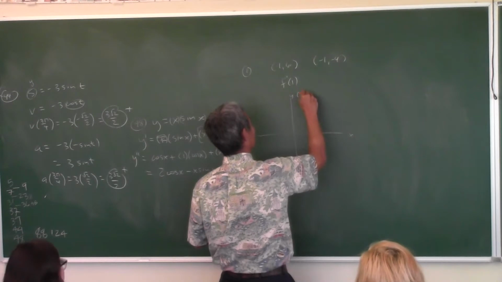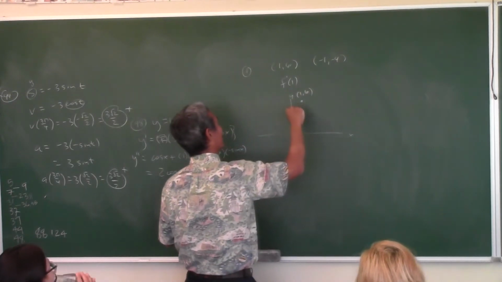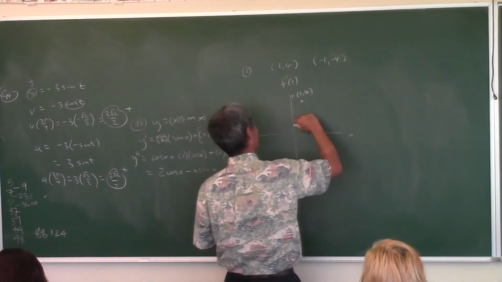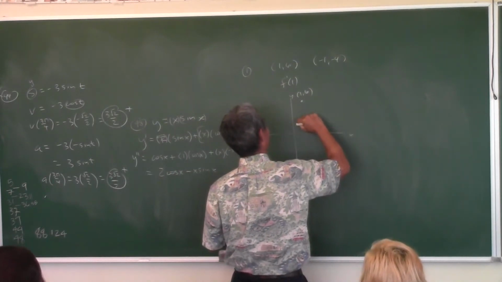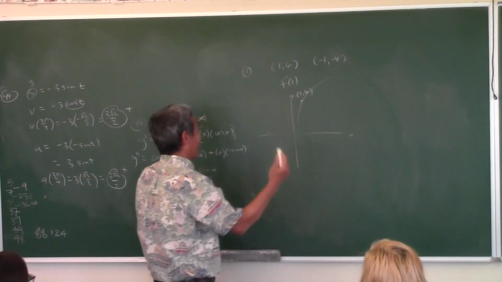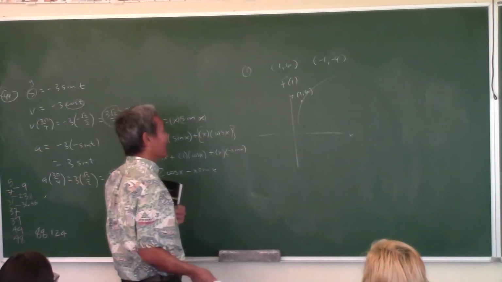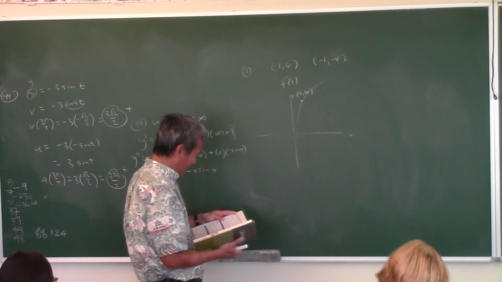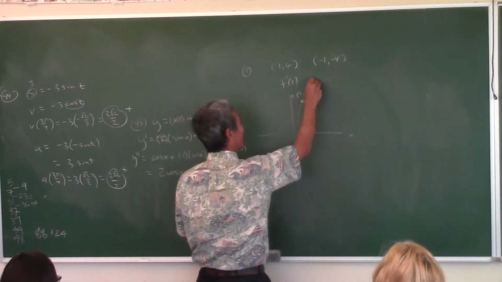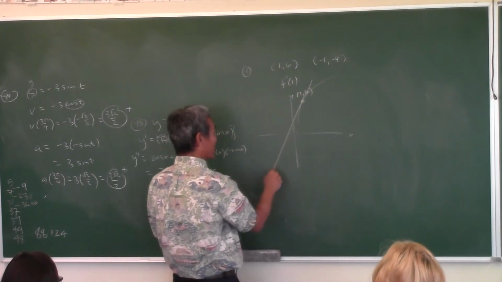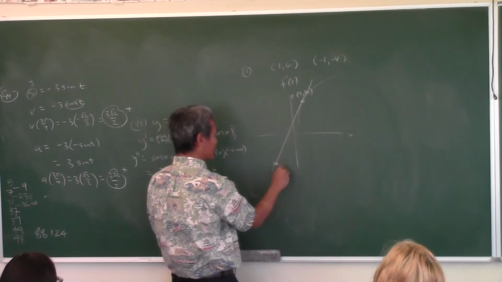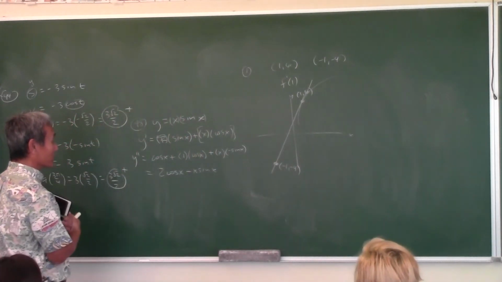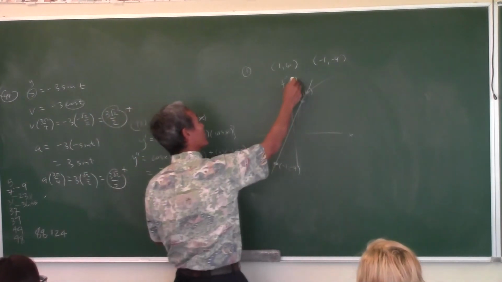I don't know what the graph looks like, so I'm just going to make something up. The tangent at that point also passes through the point (-1, -4). See, what am I doing? I'm drawing a picture.